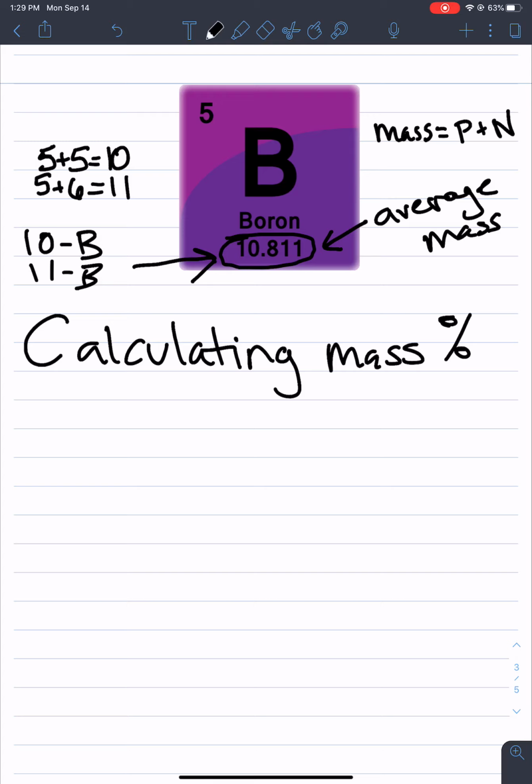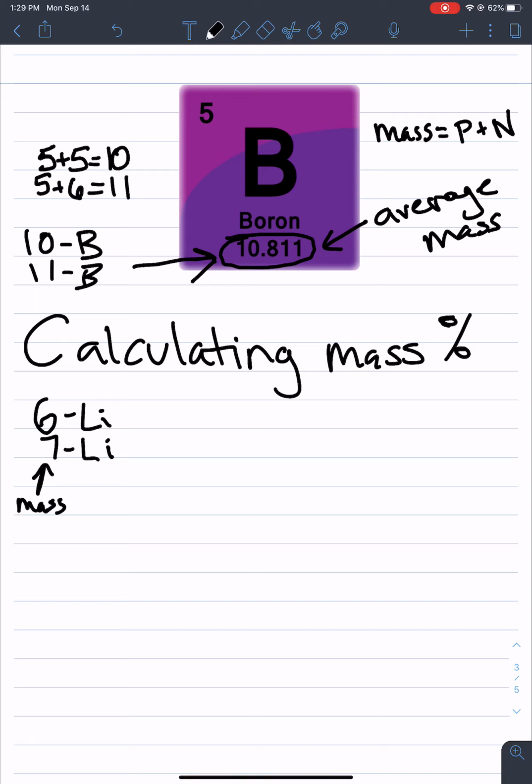So in the problems, we're going to give you the different isotopes, and we're going to give you the percentage of each one. So let's look at lithium really quick. There are 2 different isotopes of lithium. We have 6 Li and we have 7 Li. Remember, this right here is the mass. So we have some lithiums that are 6 and some that are 7.